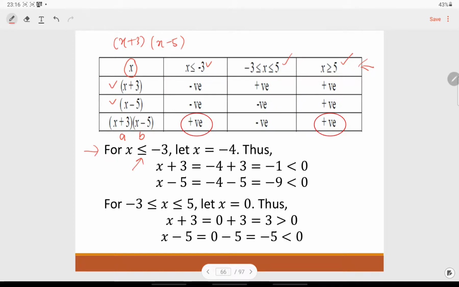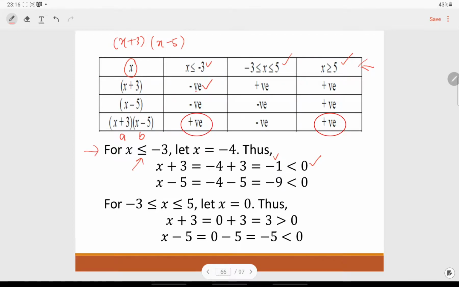So we insert negative 4 into these two factors. For x plus 3, we replace x with negative 4. We have the value negative 1. That means it is a negative value. So we have this sign, negative. So the value of this when x is less than or equal to negative 3 is negative. Now we move to the second one, x minus 5.